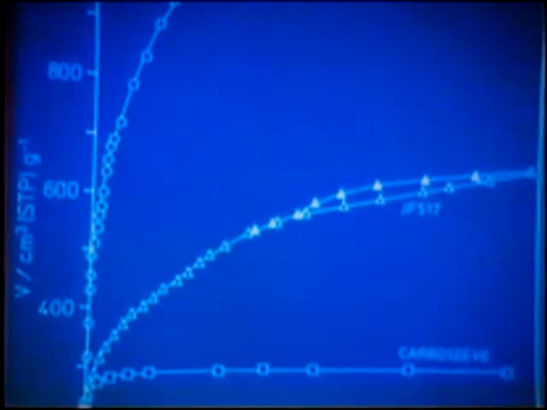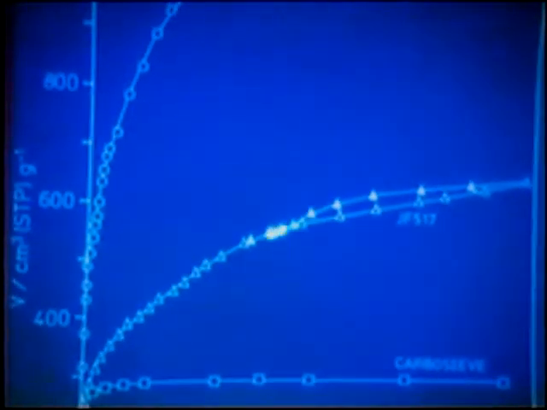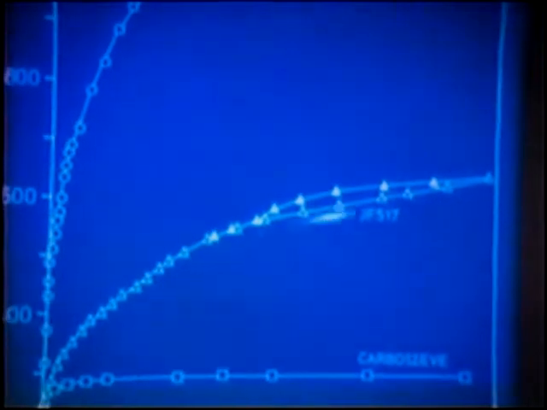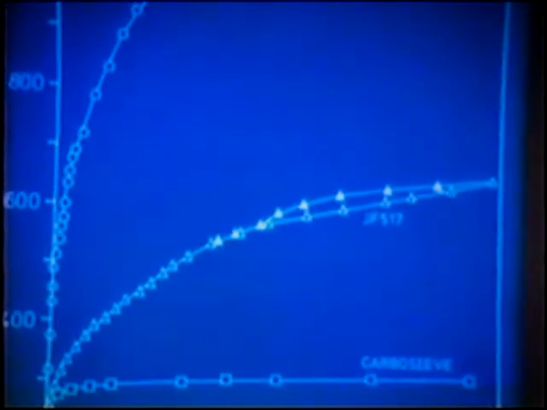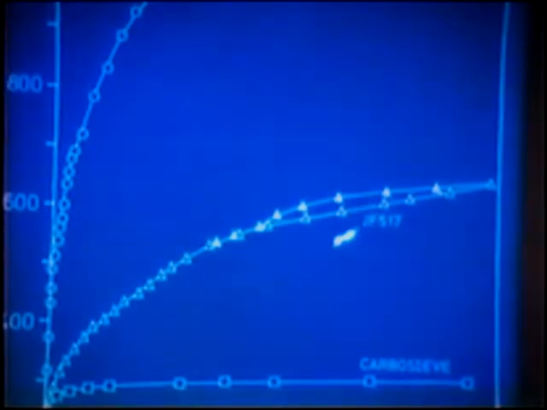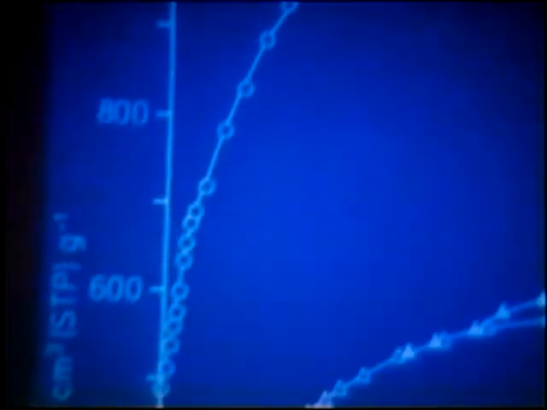Clearly, in this case, there is some mesoporosity, as shown by this hysteresis loop in the capillary condensation range of the isotherm. This is another charcoal cloth sample which has been taken to a rather higher degree of activation. And then we have at the top the so-called superactive carbon, which was developed first by Amoco and which is now in commercial production by the Anderson Development Company in Michigan.